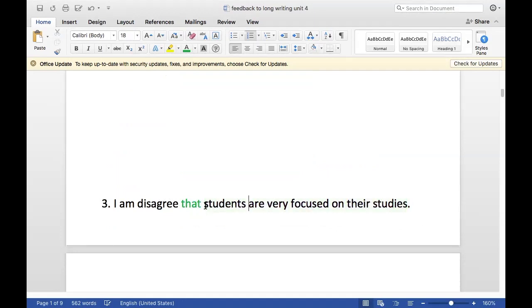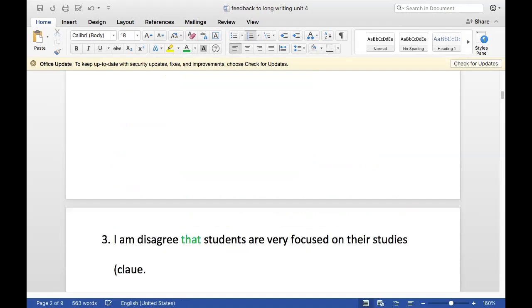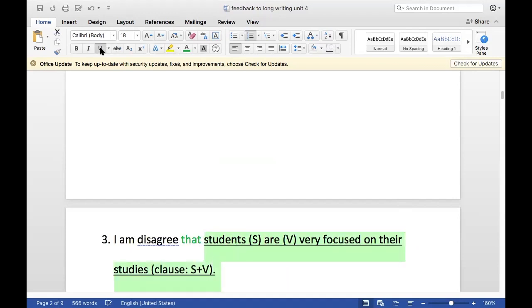A clause, 子句，一个子句嘅意思啦, that consists of a subject and a verb. You see, this is a clause, 一個子句. Let me put it down for you. Subject, verb, and this is a clause, underlined.